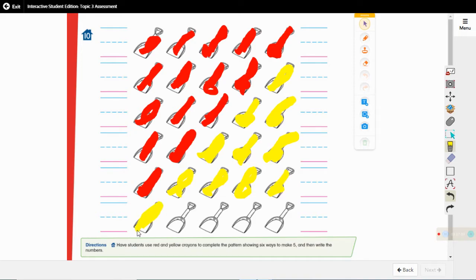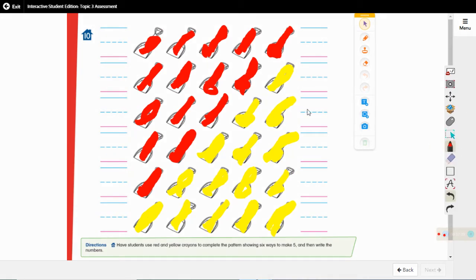You can go ahead and pause the video until you get all of your shovels colored, because I know you all color really neatly since you have crayons, and it takes you a little bit longer to color neatly. I can color faster with this paintbrush than you can with crayons. So pause the video, color all of your shovels yellow that are left over, and then resume it and we will go on.